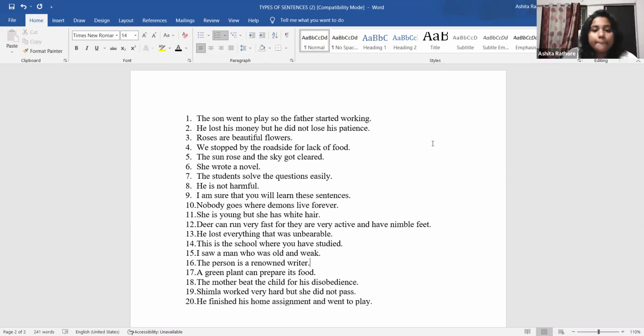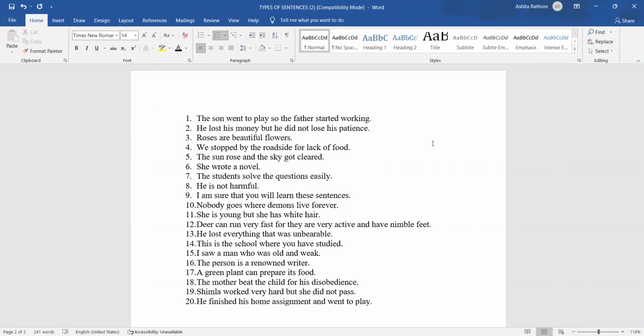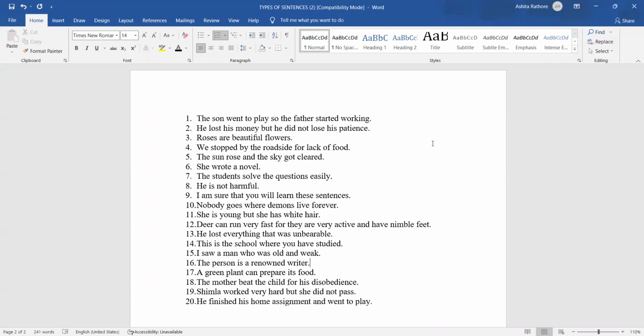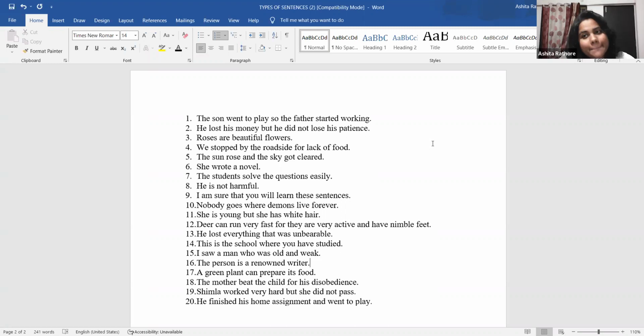Okay, why? Ma'am, because the mother beat the child for his disobedience. For his disobedience is a dependent clause. Is it a clause? No, it's a phrase. It's not a clause. फिर क्या होगा ये?